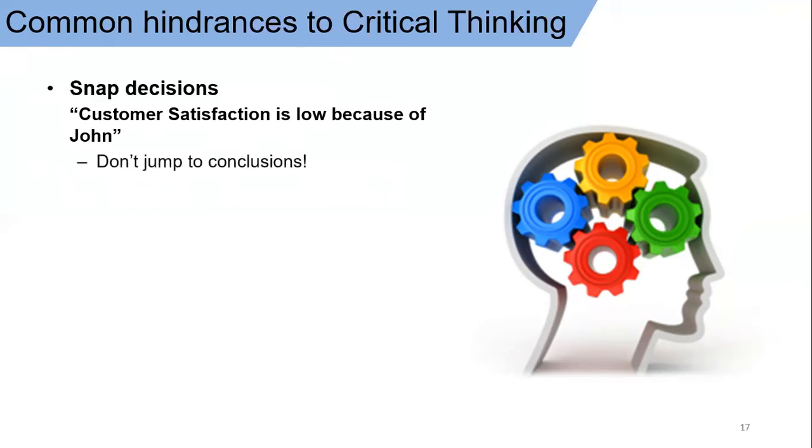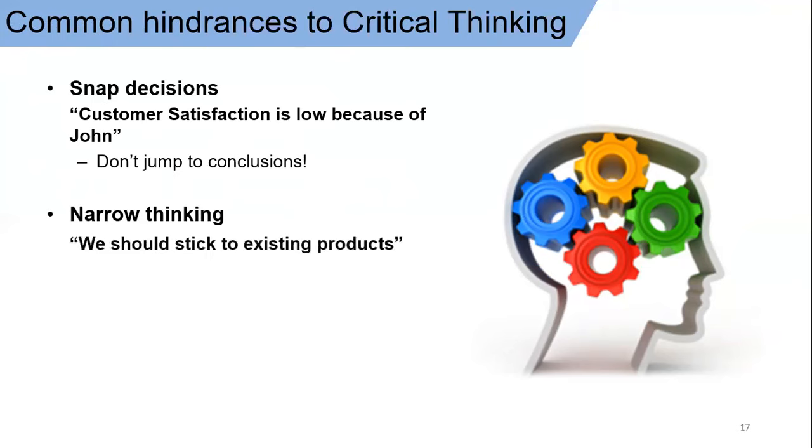So you sort of jump to a conclusion, right? Or when you think about it, right, narrow thinking, like we should stick to our existing strengths or our existing products, right? That's also the kind of thinking that is a hindrance to critical thinking. So you might be able to recommend, through your analysis, products or services that are very different from what you're actually proposing right now. So you might be able to cross-sell, you might be able to upsell.